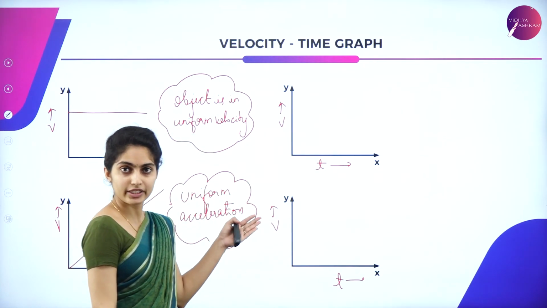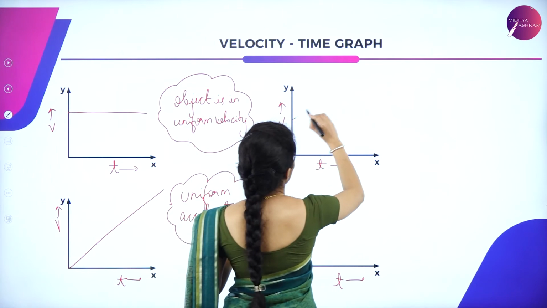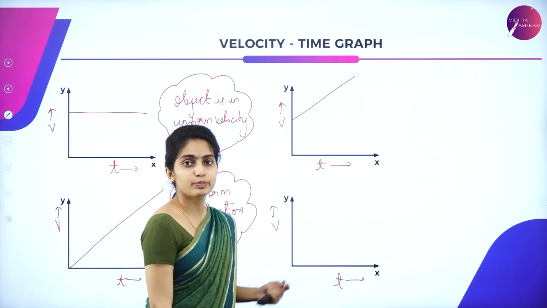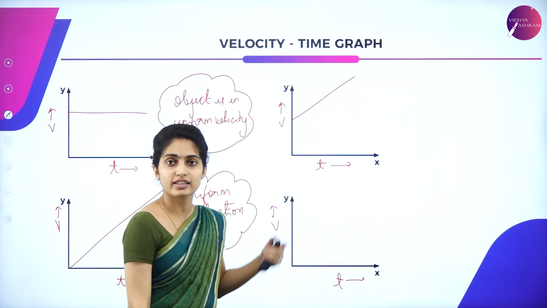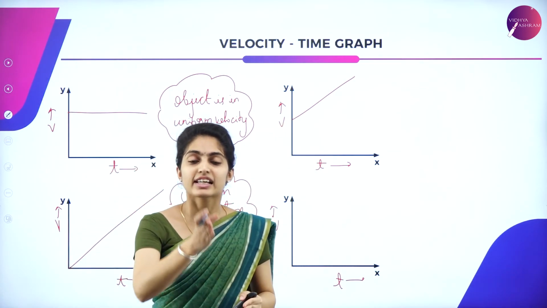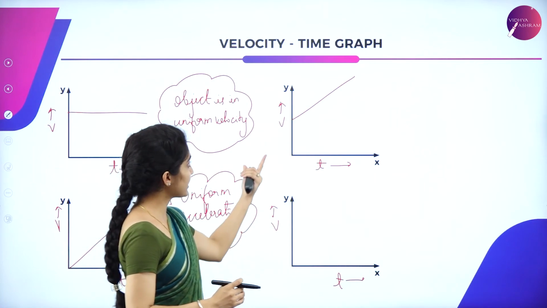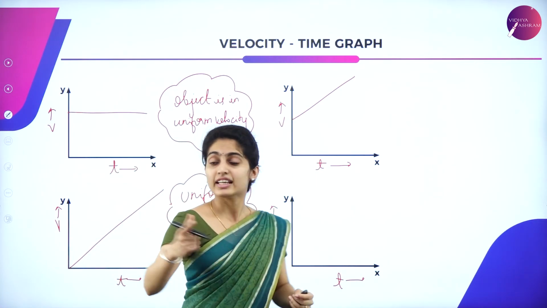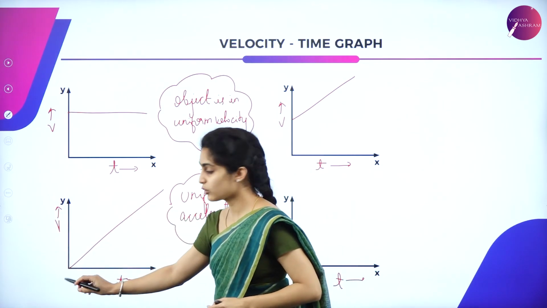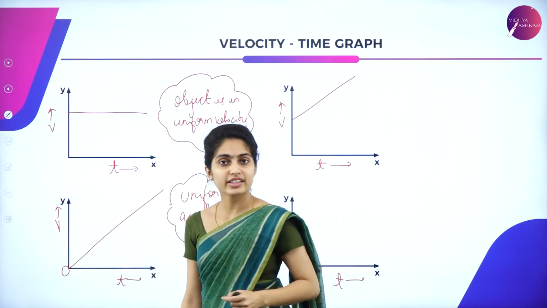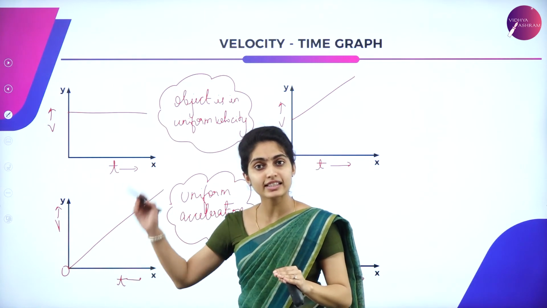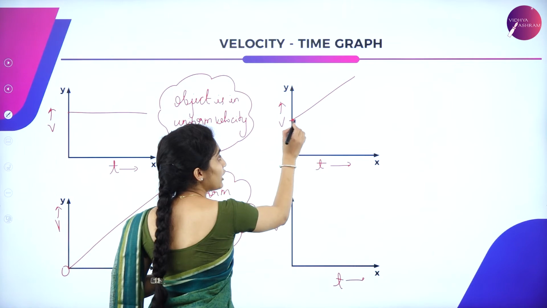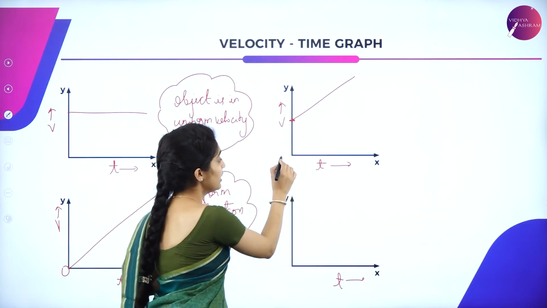So coming to the next graph, what is happening here? In this case, your object is starting from some initial value and it is increasing. So you can say that the object is starting with initial velocity, whereas in the earlier case the object is starting from rest. It is from rest, it is increasing. But here in this case, the object is having some initial value over here. It is not starting from rest.